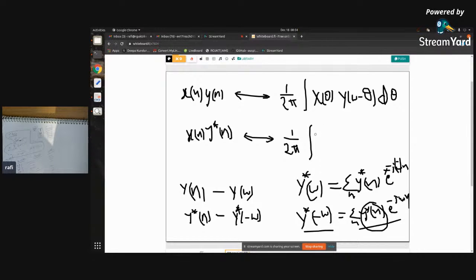Here you will get, so do one thing, you can just take this star to x. Anyway, multiplication is commutative, so this will be x star of minus theta you need to keep here, and this is y of omega minus theta d theta.